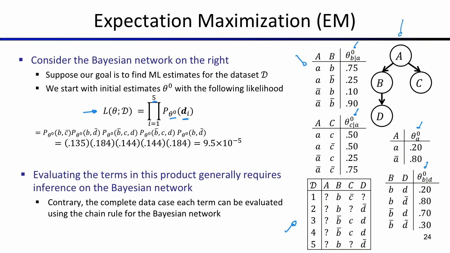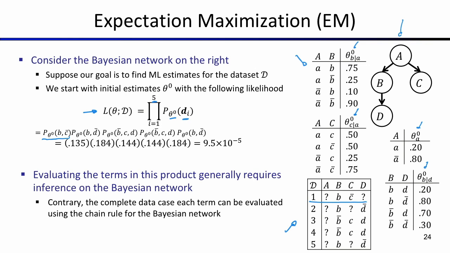For example, for this first case, we have 2 missing values, one for variable A and another for variable D, and we have the values B and not C. So when we compute the probability for this case according to the Bayesian network and the initial parameters, we need to compute this probability here. Note that we are not mentioning the variables A and D because we don't know their values. So we need to compute the probability of B and not C.